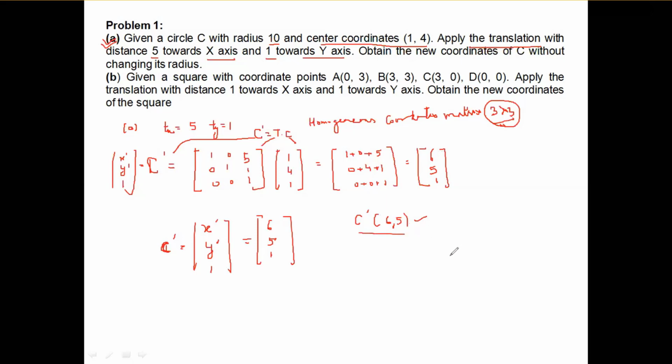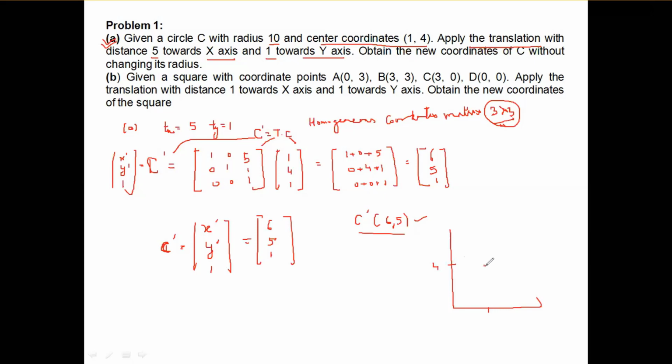Now if I show it to you with the help of a graph, before translation the circle was drawn at the center 1 comma 4. For example, at x this is 1 and let's say this is 4.